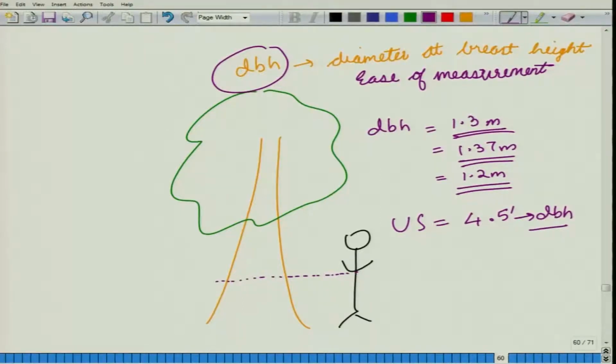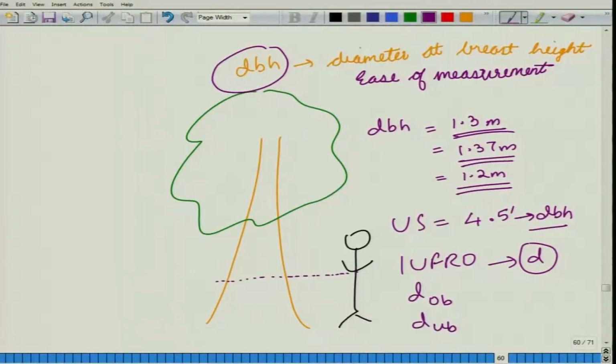Now, the International Union of Forestry Research Organizations, or the IUFRO, recommends that we use the term D in place of DBH. However, in our course we will be using D or DBH interchangeably because they mean the same thing. When we use this term D, we define two things, DOB and DUB.